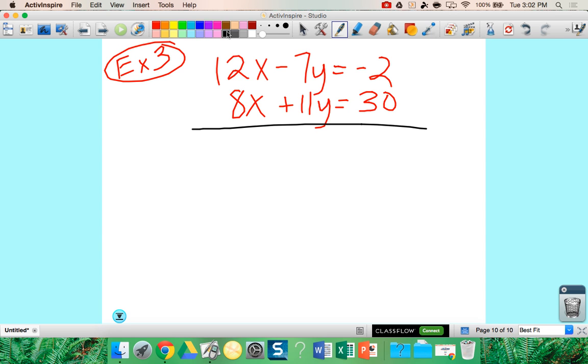And then what times 8 gives 24? 3. Now, one of these has to be negative, right? So that means that either the 2 has to be negative or the 3 has to be negative. Okay? I'm going to multiply by positive 2 here. And then what am I going to multiply here?